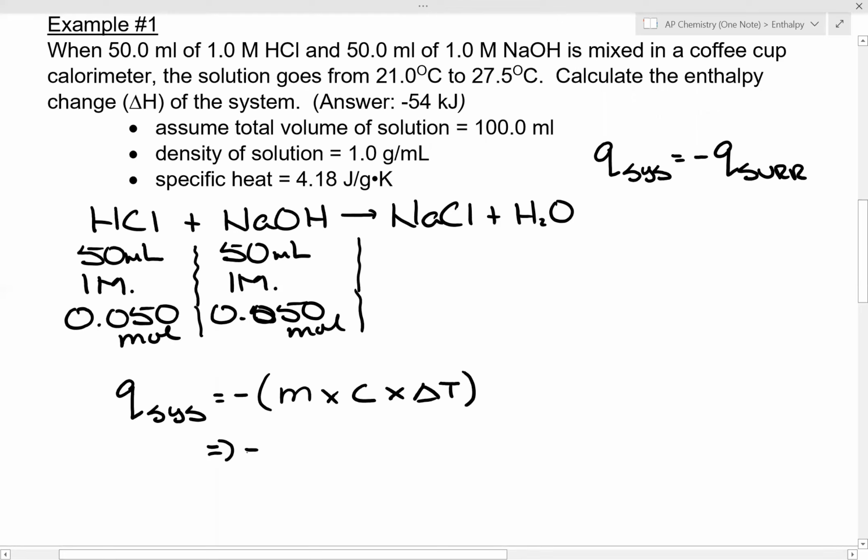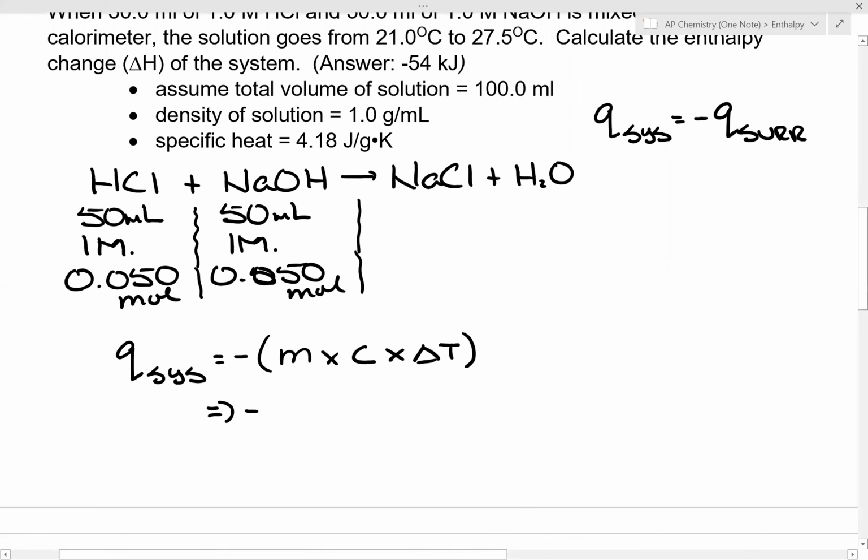If we look further in the question, it says assume the total volume of solution is 100 mL, and the density of the solution is 1 gram for every mL. So I would have 100 grams times 4.18, times my delta T in this case, which is 6.5 kelvins.